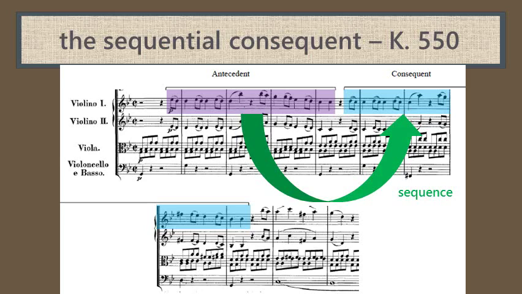We have a sense of tonal closure here. And moreover, these two phrases have that balance that we see in an antecedent and a consequent. The fact that they follow the same pattern, that the consequent is a sequence of the antecedent, makes this melody all the more balanced and poised, and I think fantastic.